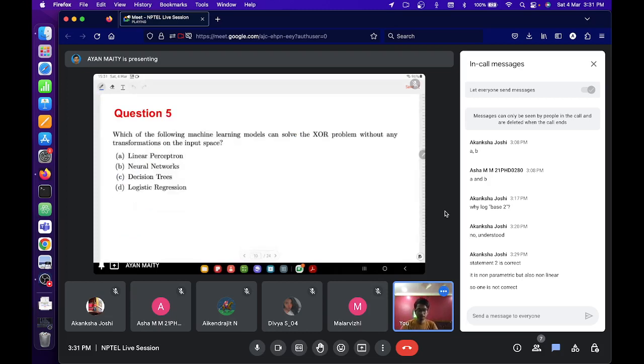Fifth question. Which of the following machine learning models can solve the XOR problem without any transformation on the input space? There are 4 options: linear perceptron, neural networks, decision trees, and logistic regression. Multiple answers might be correct here.